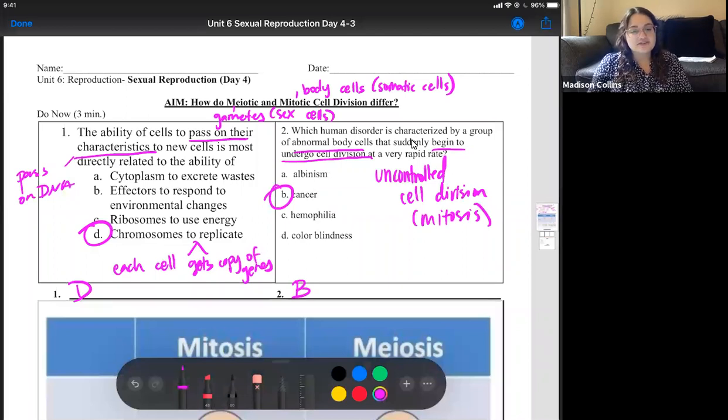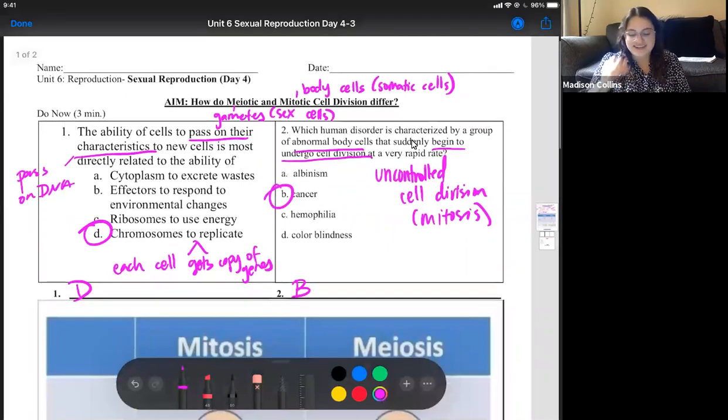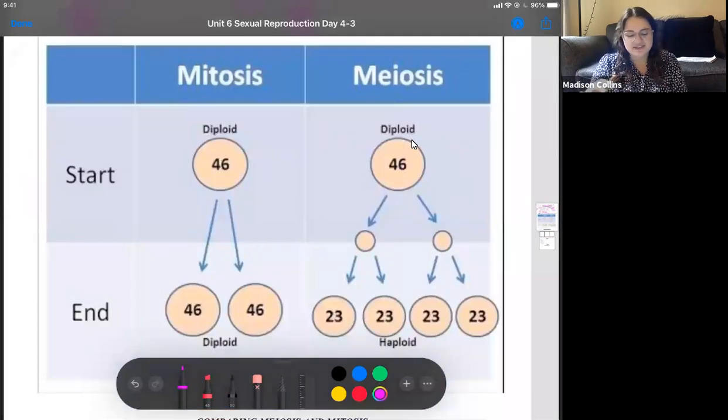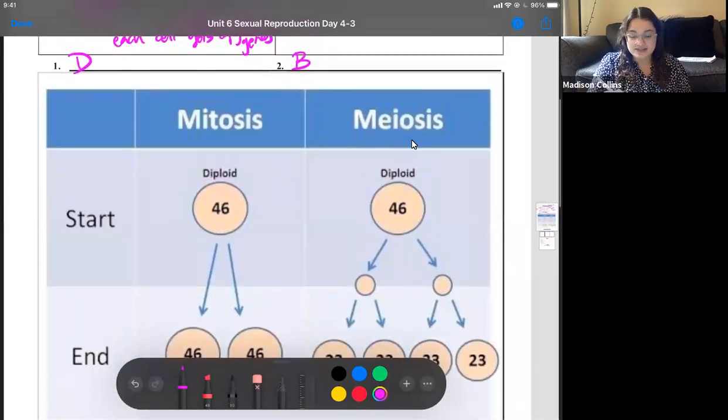All right, the very first thing we're going to do today is look at this diagram comparing and contrasting the start and ending point of mitosis and meiosis. And I believe you guys have seen this diagram before, but we're going to go over it one more time. So we need to know that mitosis, like I said earlier, is going to be the division of body cells. Okay, but meiosis is the division of gametes or sex cells.